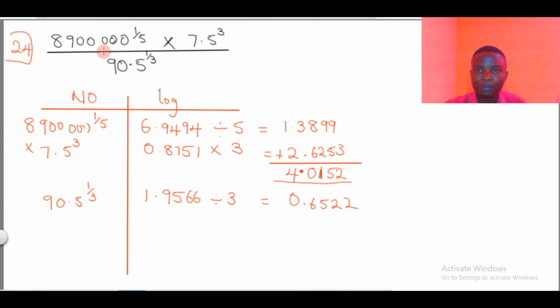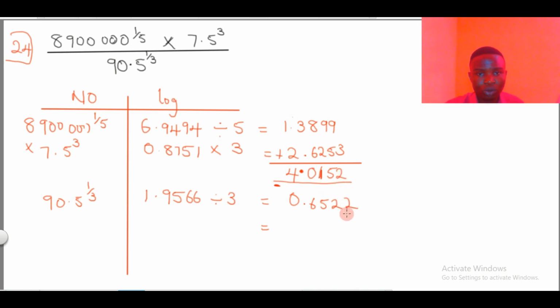So having done this, division will change to minus in the log column. So what I will do is to subtract 0.6522 from this number, 4.0152. So if I do that subtraction, if I subtract this value 0.6522 from 4.0152, that will be equal to, so let's say this is minus, I'm now subtracting this number from this number.